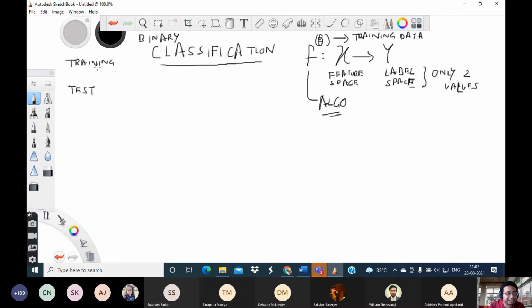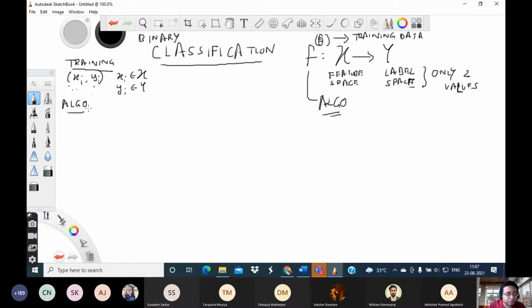In the training stage, we have labeled data in the form (xi, yi), where xi is the feature vector belonging to the feature space, that is, xi belongs to this feature space X, and yi belongs to the label space Y. Okay, and then, in the training stage, first of all, we deploy a training algorithm.